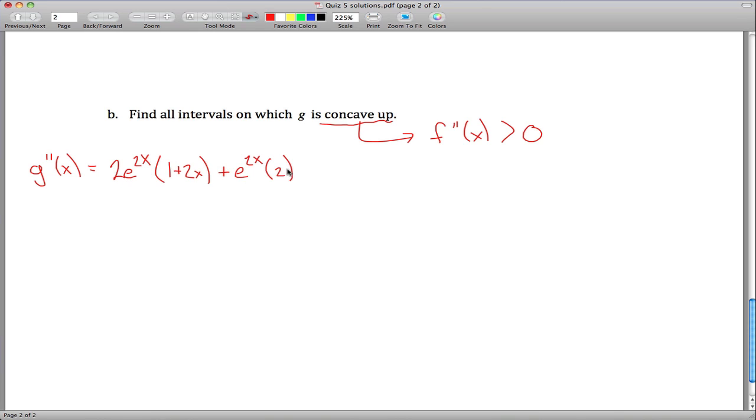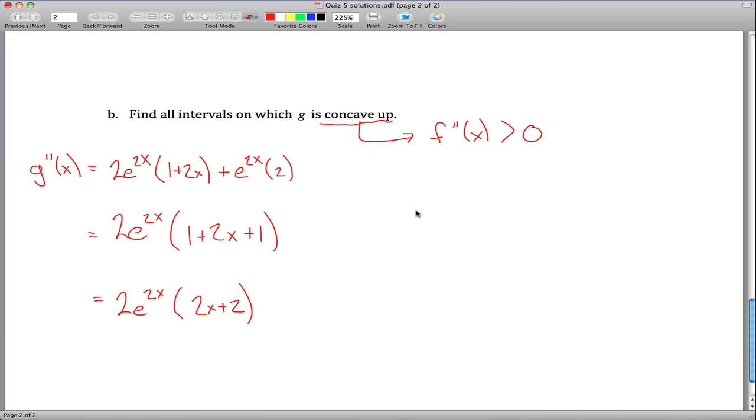Really, either way is fine. What that leaves you with is 1 plus 2x plus 1, right? 1 plus 2x, and then there's just a plus 1 left over. So that is equal to 2e to the 2x times 2x plus 2.